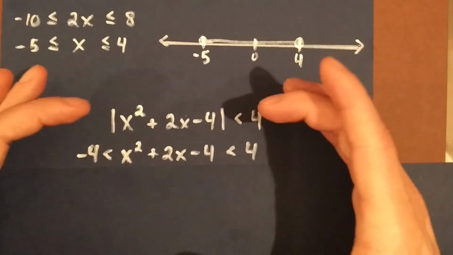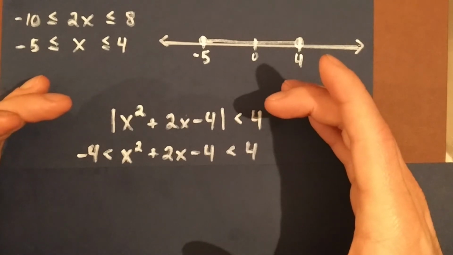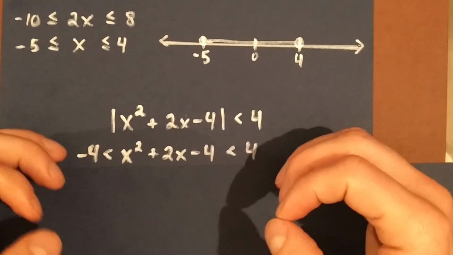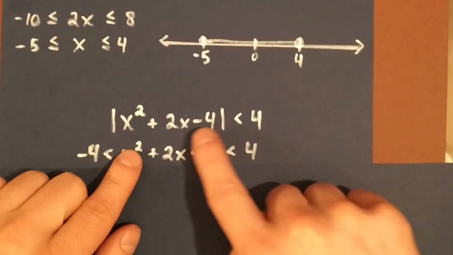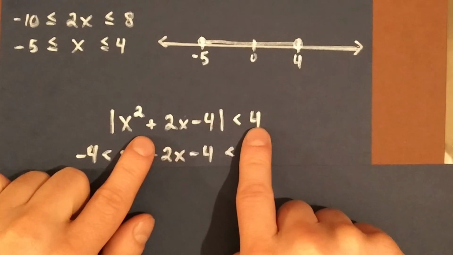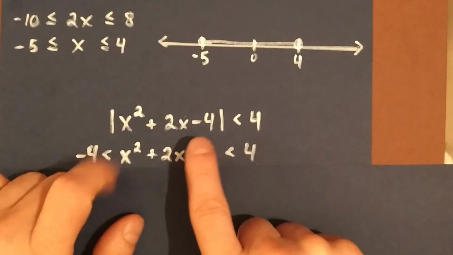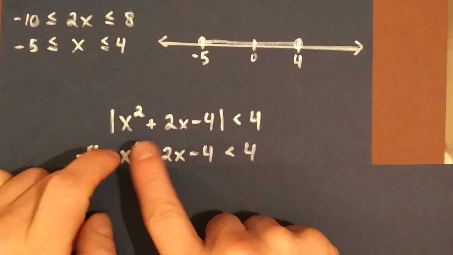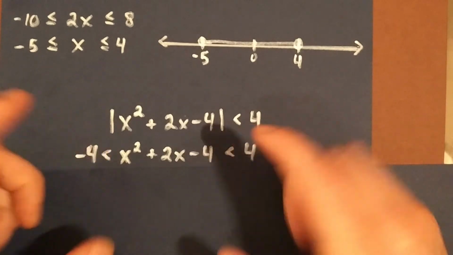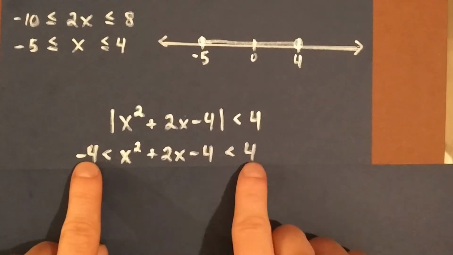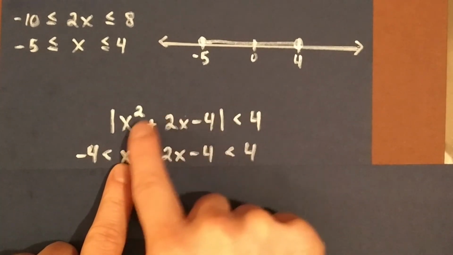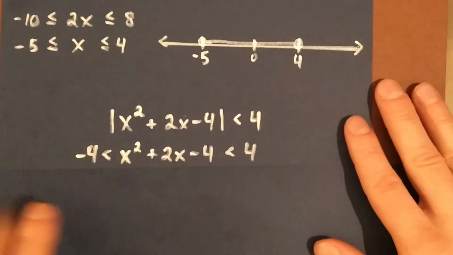So it's between 4 and negative 4 on the number line. What numbers have an absolute value less than 4? Well, 3, 2, 1, 0, negative 1, negative 2, negative 3, and also the decimals in between. So between negative 4 and 4, those numbers have an absolute value less than 4.